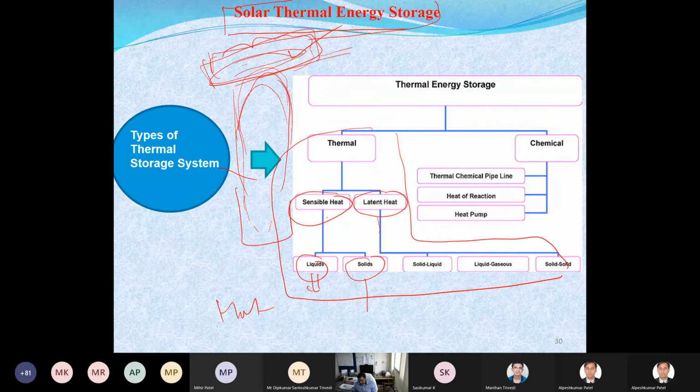Thermal storage is classified into latent and sensible. In both areas, people are working. People are working exclusively on sensible, and they are working on latent heat based thermal energy storage. And I tell you, nowadays they are trying to combine these two types of storage, which is known as hybrid solar thermal energy storage.